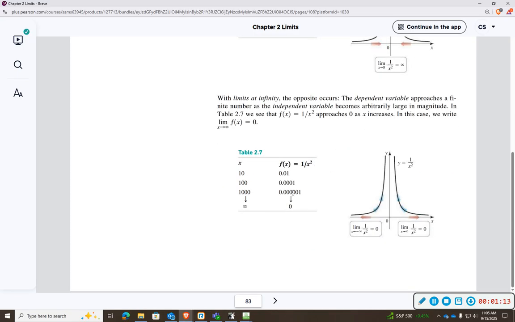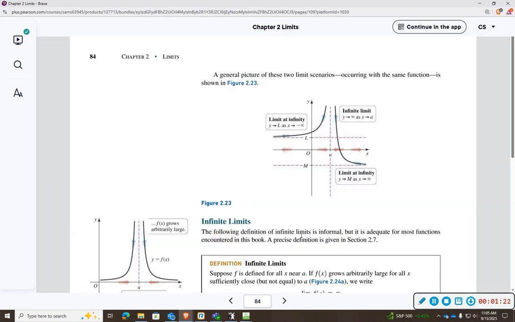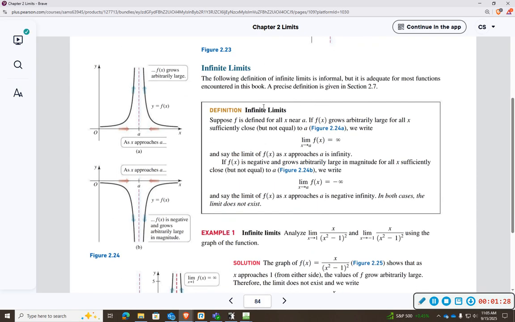So you got some different visuals here that show you in the table format and in the graph what those look like. They explain how to read them and the mathematical definition. So here we go with the infinite limit.